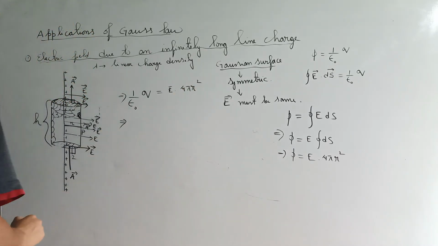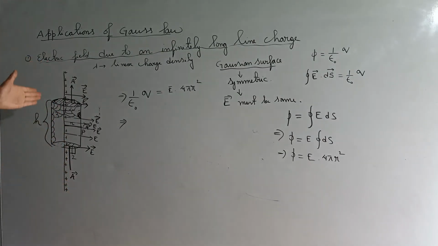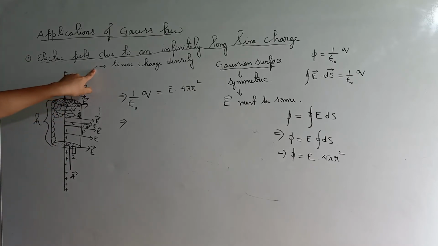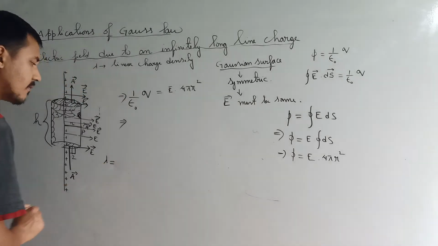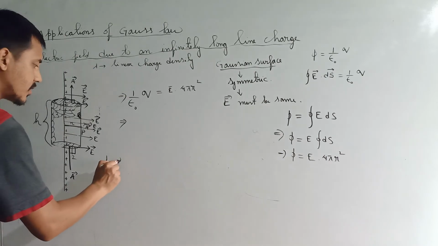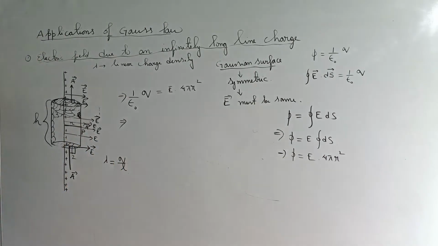Now, we consider that this is an infinitely long straight line charge having linear charge density lambda, right? So according to the definition, linear charge density is given by charge per unit length. Is it okay?